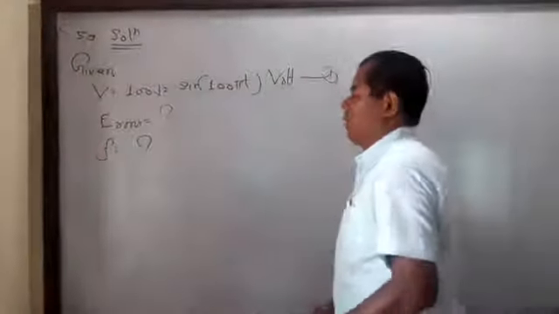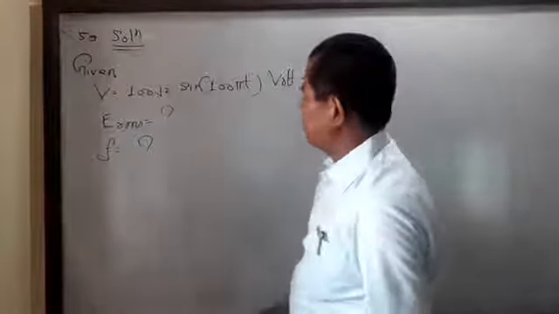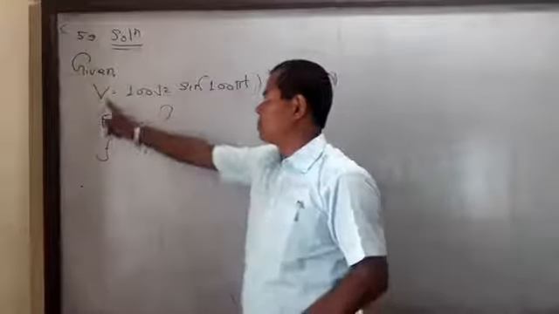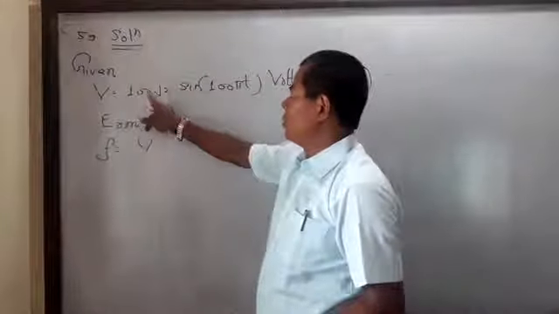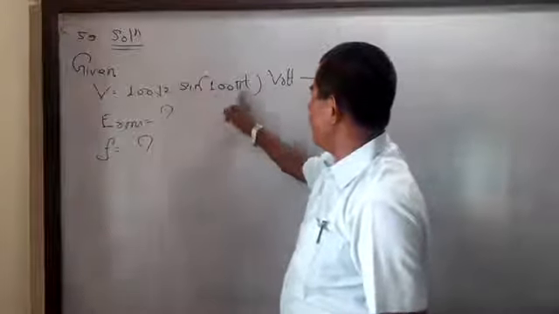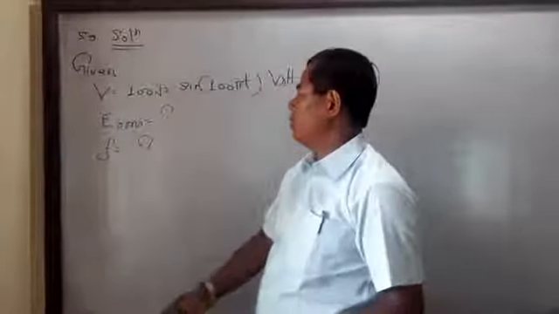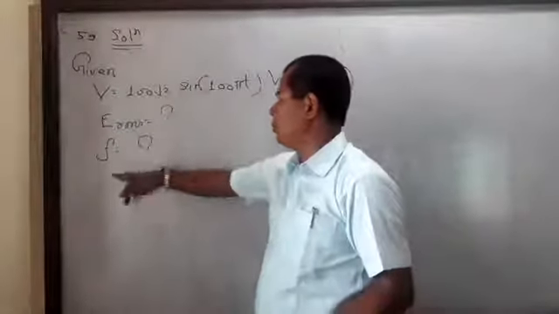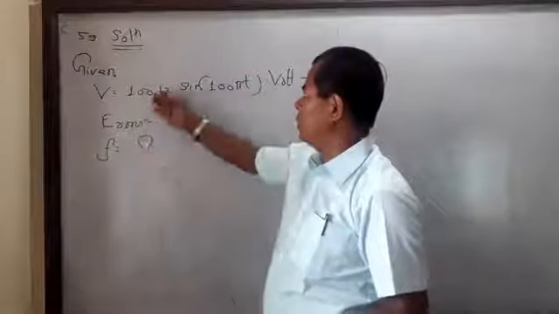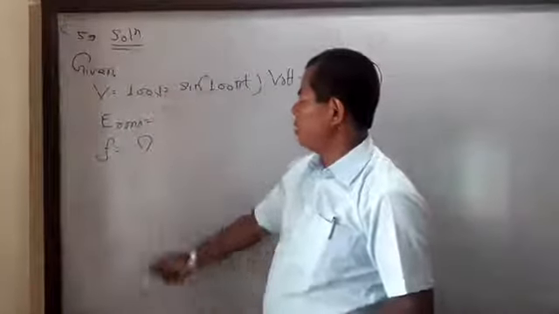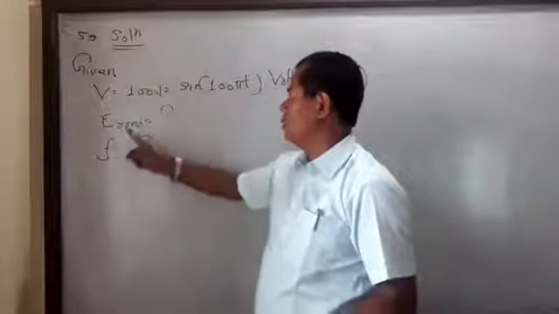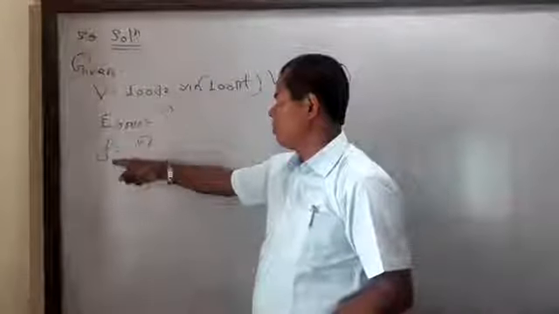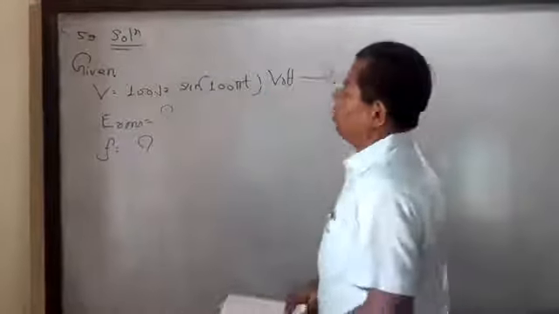An AC whose EMF voltage is given by V is equal to 100 root 2 sine 100 pi t volts. We have to determine the values of the root mean square voltage and the frequency of the AC source, both.